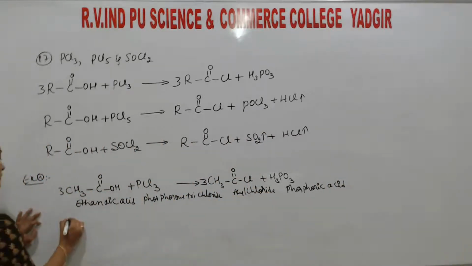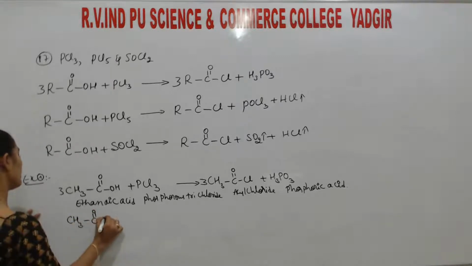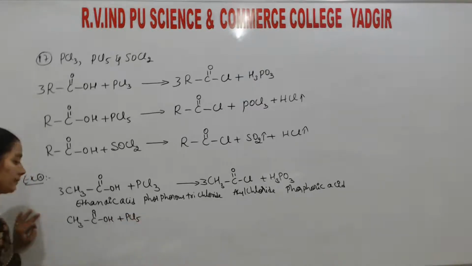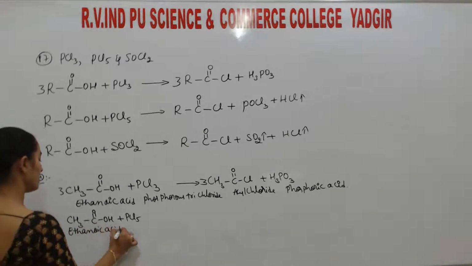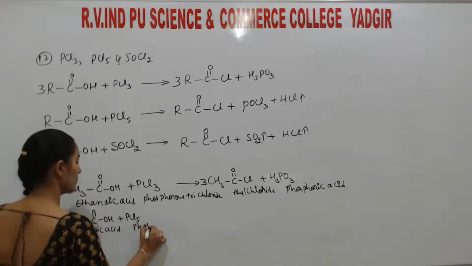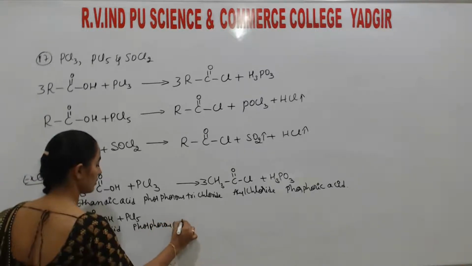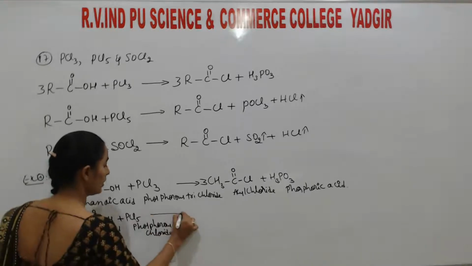Okay, next. CH3COOH plus PCl5. So this is ethanoic acid, and this is phosphorus pentachloride.